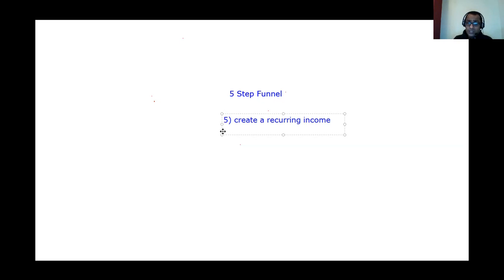But you've got so many options as to how to create that recurring income, because once you're in there and you've got people up to that stage, you're making decent money.